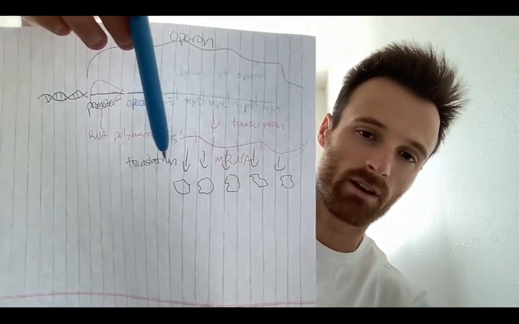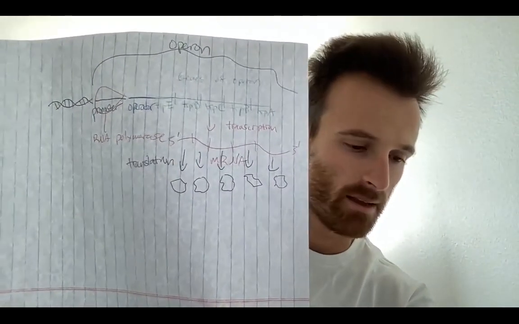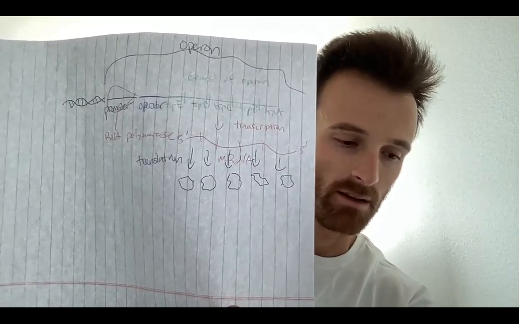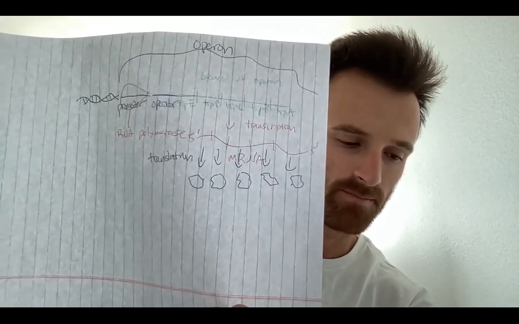And remember, translation occurs at the ribosome. And I'm going to even include that these are the protein subunits that make up enzymes for tryptophan synthesis.